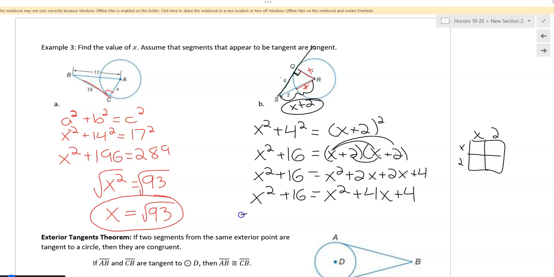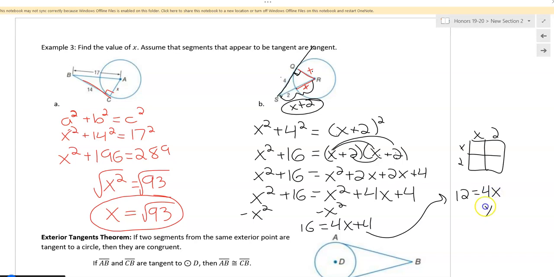One thing, if I subtract x squared from both sides, because there is an x squared on both sides, I get 16 equals 4x plus 4. Now I just have to subtract 4 from both sides. I get 12 equals 4x.